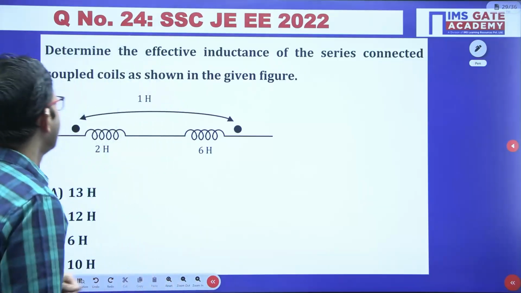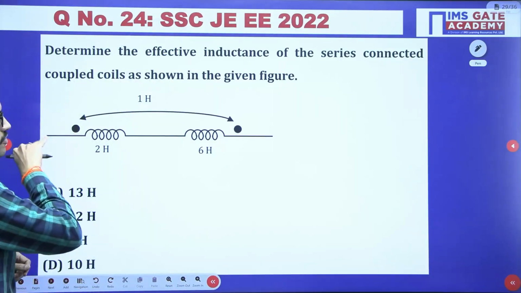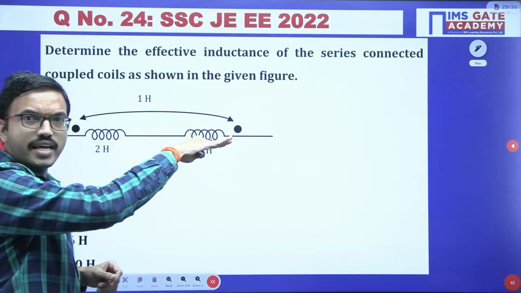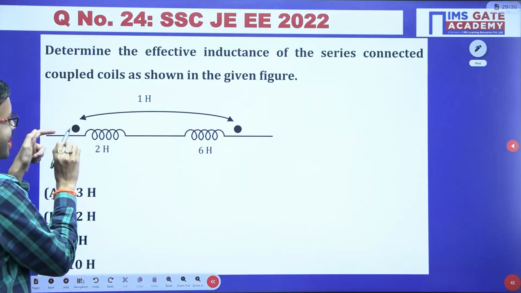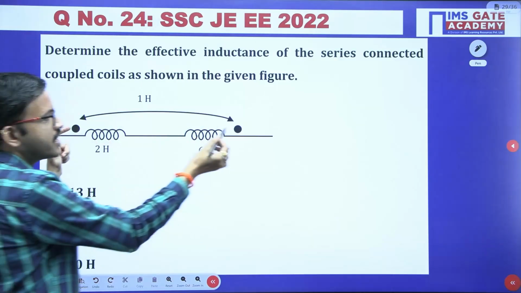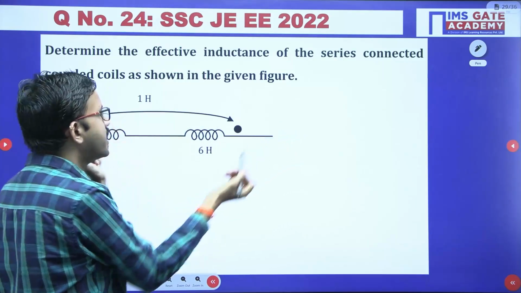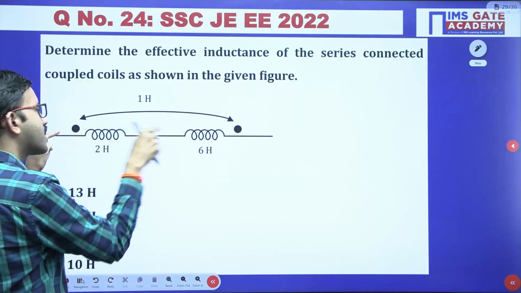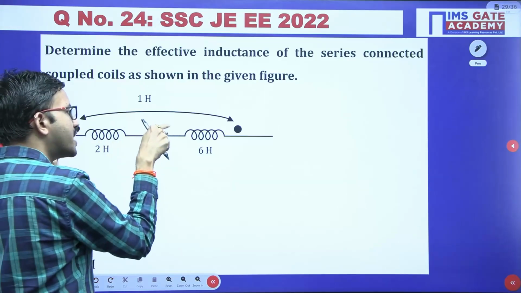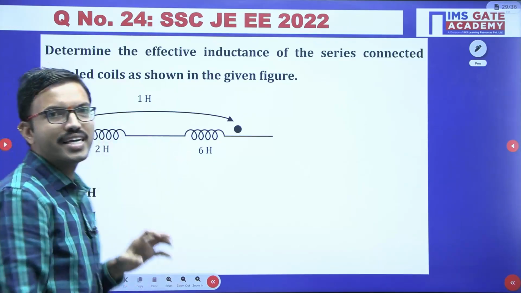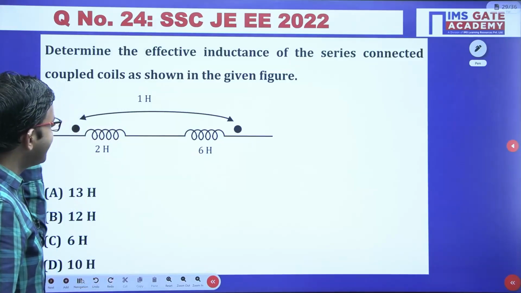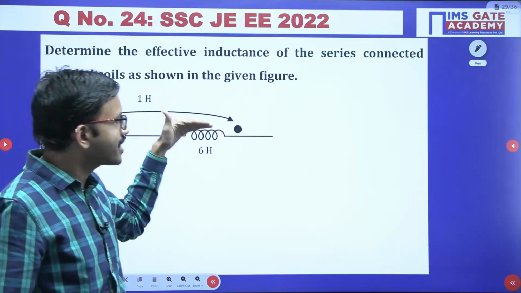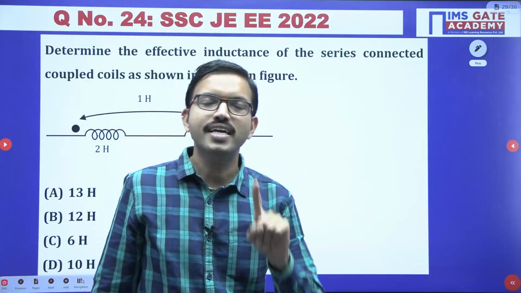Let us assume that current is entering like this. Here current enters at the dot terminal, but here current leaves from the dot terminal, right? Suppose current enters at the dot terminal here and also enters at the dot terminal in the other inductor, then it is the case of aiding. But if in one inductor current enters at the dot terminal and in the other inductor current leaves from the dot terminal, then that is opposing.